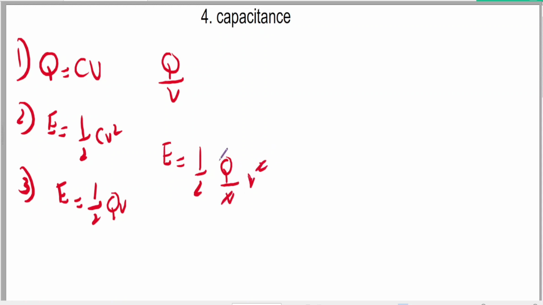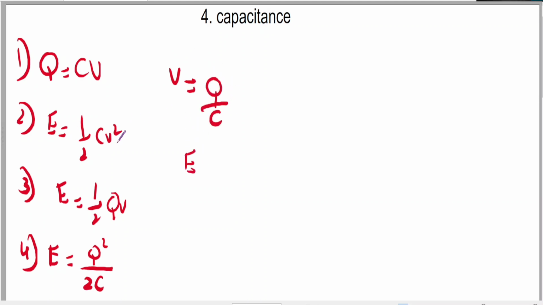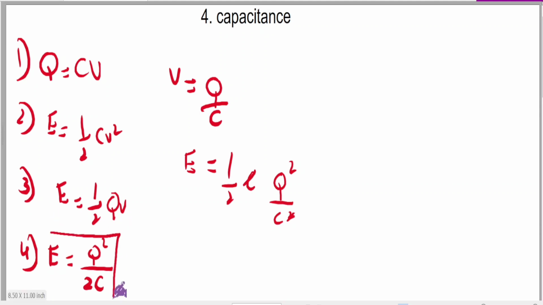This V square and V get cancelled, and I'm left with E equals half Q V. E equals Q square over 2C, because V equals Q over C. So instead of E equals half C V square, I replace V with Q over C. So E equals half into C into Q over C, square these because this has a square, and this C and this square get cancelled, and what I get is E equals Q square over 2C.